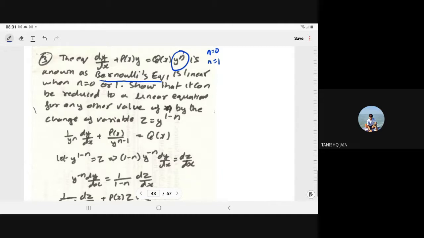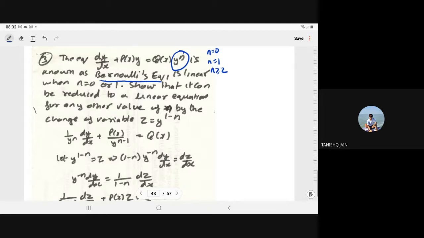So that is also a linear equation. Now the problem arises when n is greater than 1. Then it can be reduced to a linear equation, for any other value of n, by a change of variable.